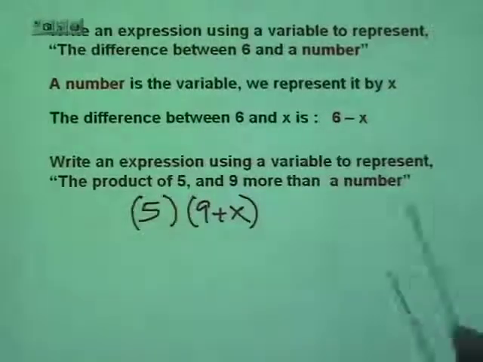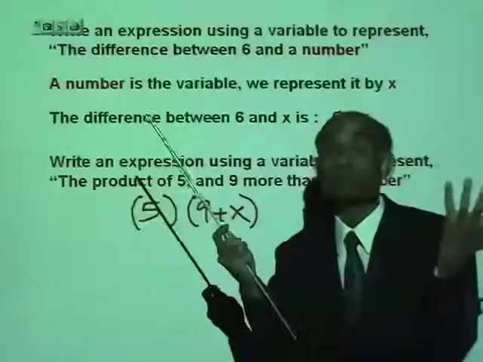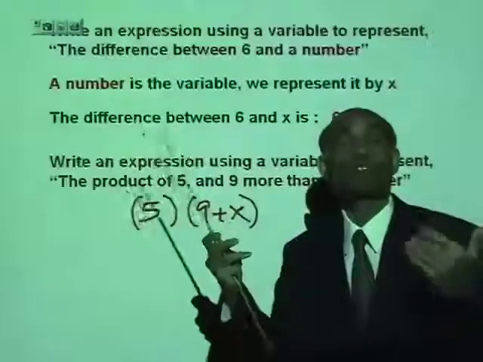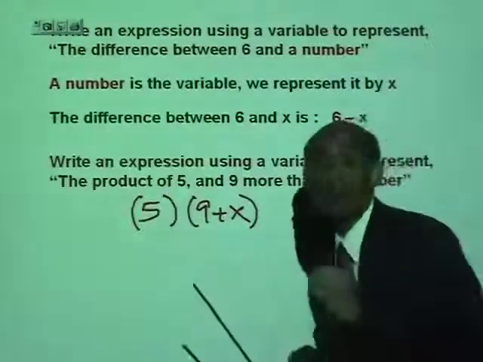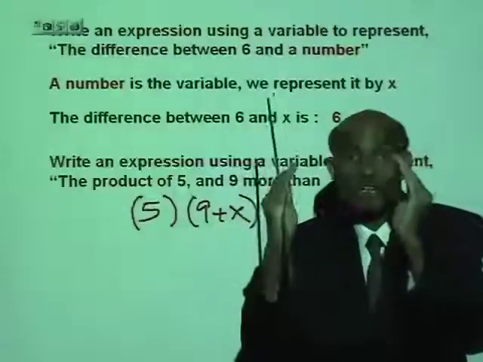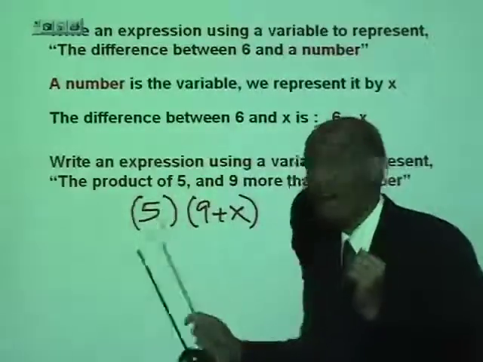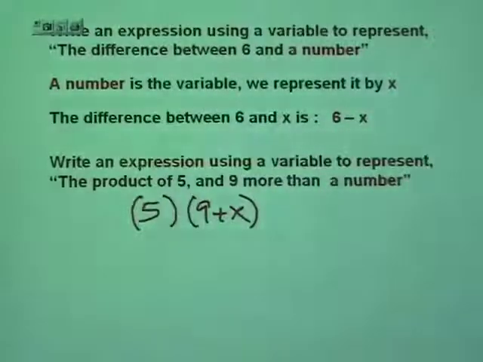Now you notice that the parenthesis around 5 makes no sense, so you don't need it. But the parenthesis that encloses 9 plus x says 9 plus x is a quantity. You are multiplying 5 by a quantity 9 plus x.